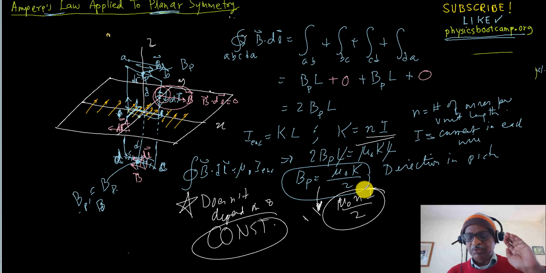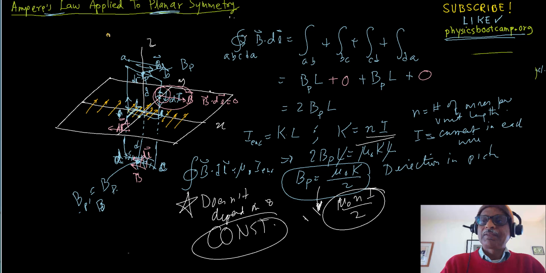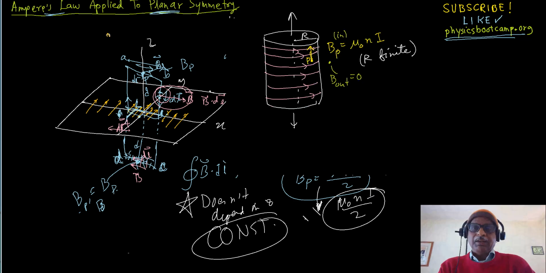Now let me make a note of the relationship of this with what we saw in the solenoid. In the solenoid, you saw that when R is finite, only the inside has a non-zero field, given by the formula, and outside is 0.